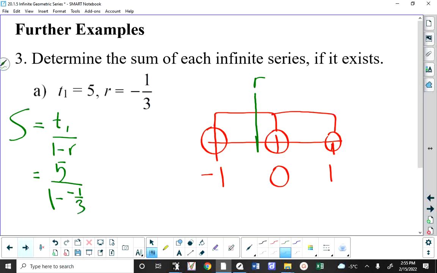Give you a little calculator minute here for you and your calculator to get to know each other better and make sure you can get the right answer. I'm going to say 3, but no. 3.75.